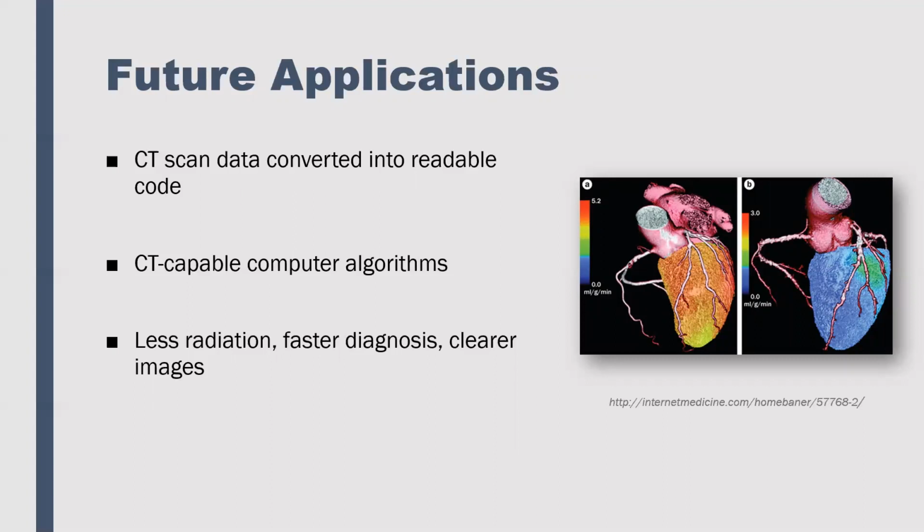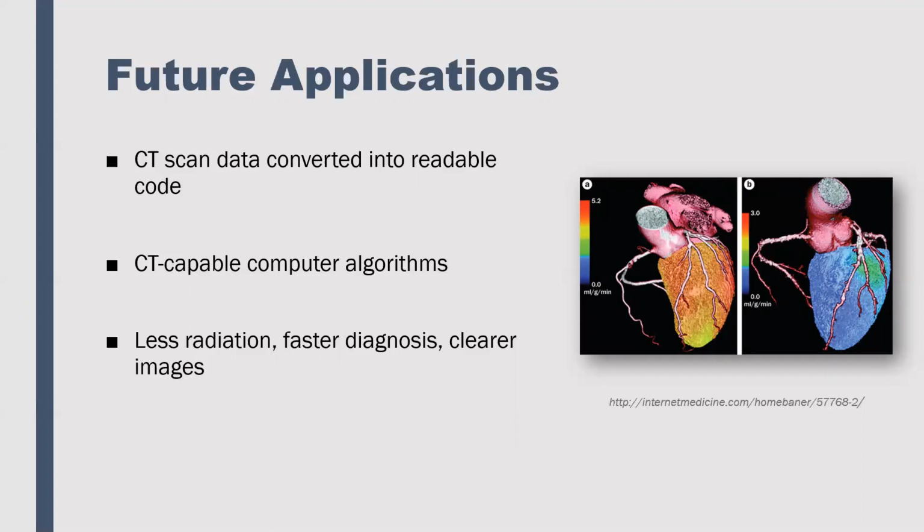But as technology advances and becomes more accessible, the future of CT imaging is promising. Data from CT machines can be converted into code that works with a variety of innovative, capable algorithms. These algorithms will help doctors diagnose illnesses and injuries faster, see images in even more detail, and advance certain areas of medicine like psychotherapy.